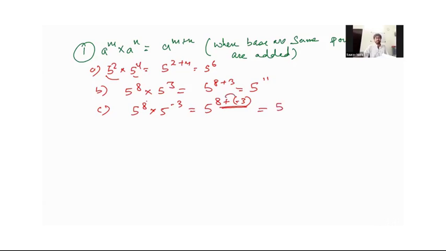Two signs cannot come together, so minus will dominate. So this is 5 to the power 5. This is how you have to use this law. When your bases are same, add the powers. The base will be the same overall, but your answer comes from adding the powers.